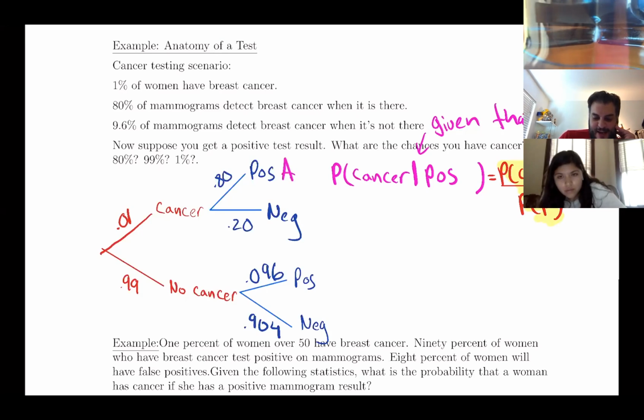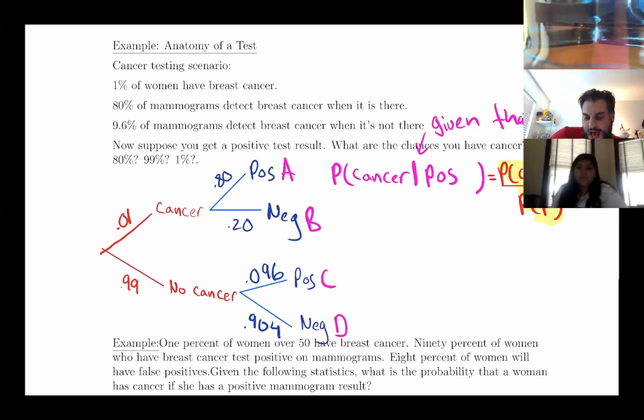Okay, so let me label these again. This is A, this is B, this is C, this is D. If I'm trying to get the probability somebody has cancer and they tested positive, which of these branches would I want to use? A, B, C, or D?